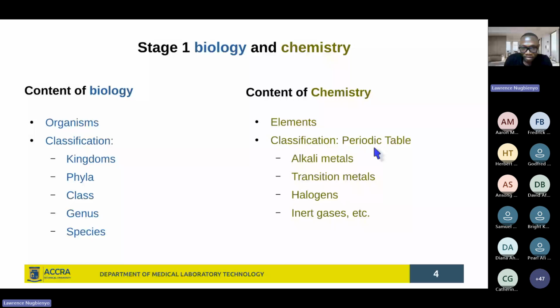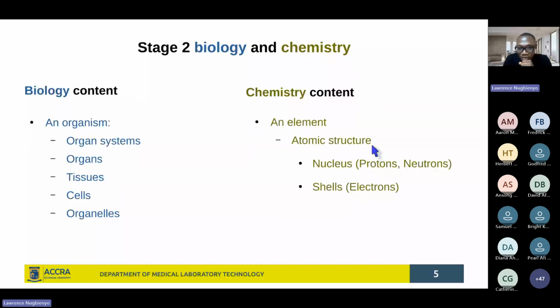Now you move down to stage 2. This time around for biology, you take an organism. Before then, you took all the organisms and started to classify them, putting them into the different categories. Now, you take a single organism and you start to study it, looking at what the organism is made up of. You say an organism is made up of organ systems. And what systems do you refer to?